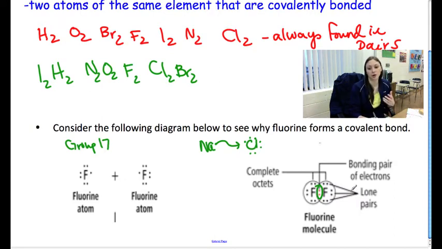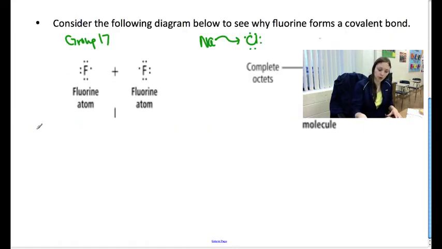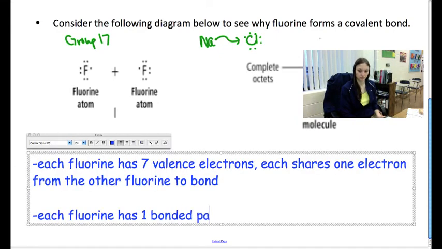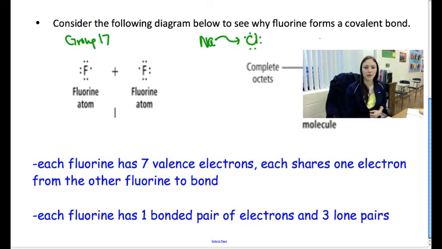They're not shared with the other ones. But still, see here how we have a complete octet of 8 for each fluorine. So that's what you kind of want to put down here. And that is the simplest example of a covalent bond.